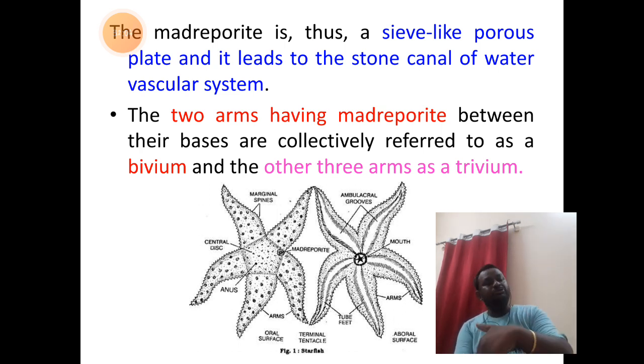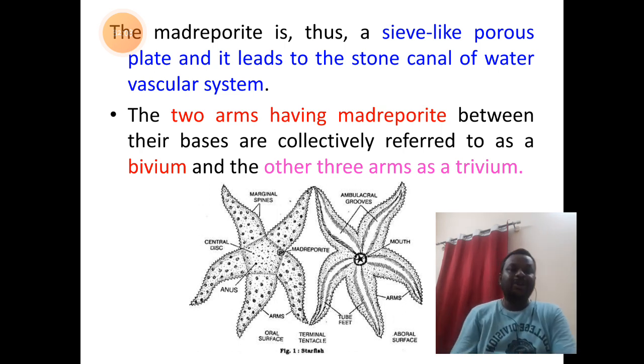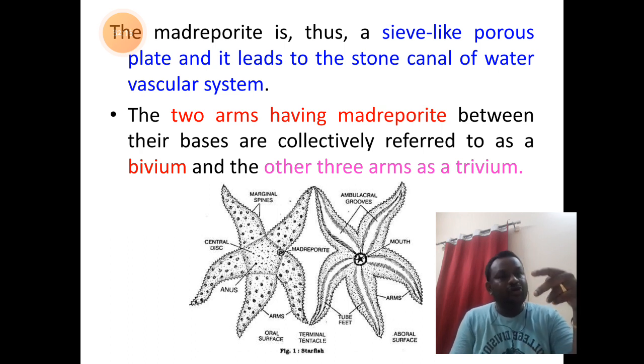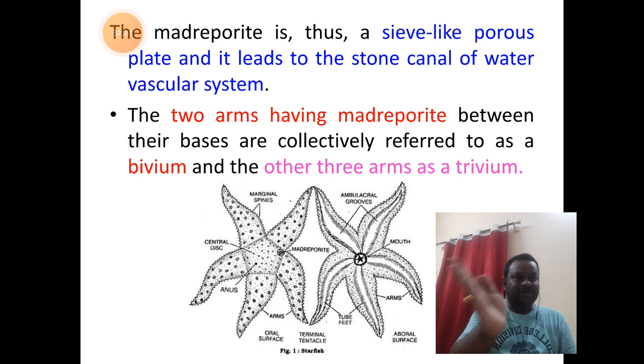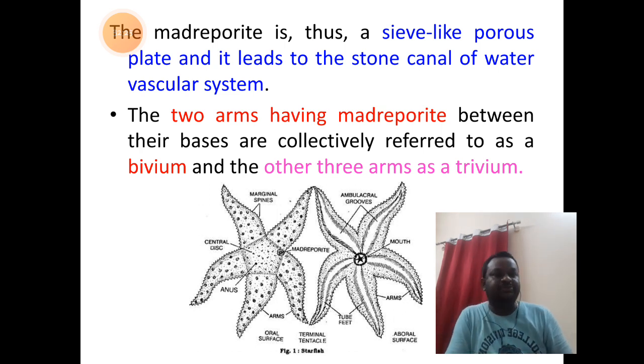The rest 3 arms where the Madreporite is absent are called trivium. When you look at the diagram down towards the left side, the first diagram, you have the structure of Madreporite represented there. So, those 2 adjacent arms are called bivium arms. The rest 3, seen towards the other side, where the Madreporite is absent, are called trivium. I think the concept is clear.